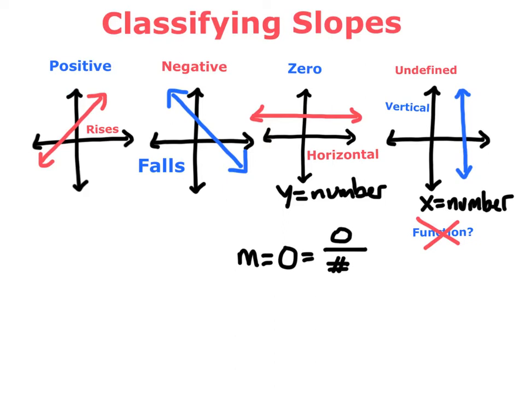Now in the vertical undefined slope, the y values are changing constantly, so we have just some number, but now the x value never changes. So the run for rise over run is 0, and we can't divide by 0. So we call this undefined.